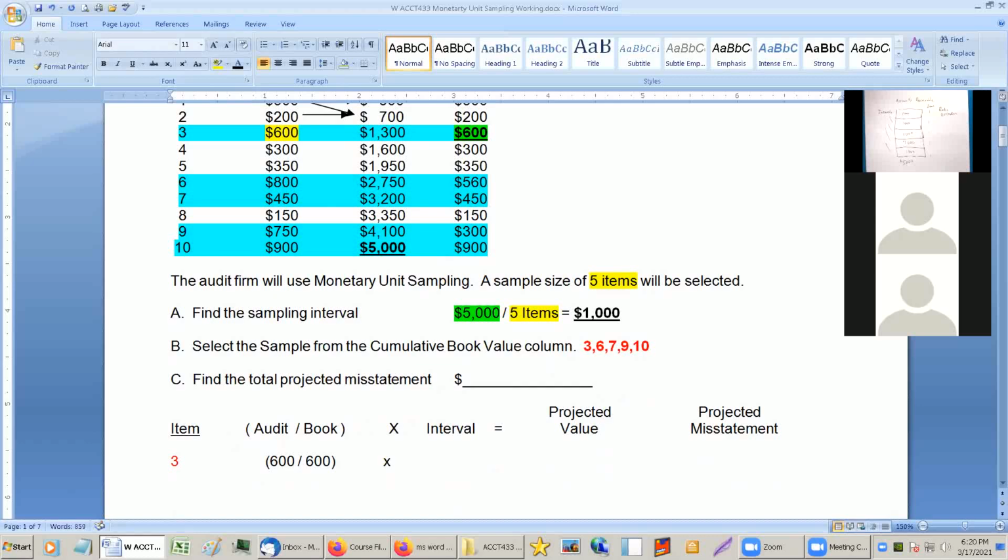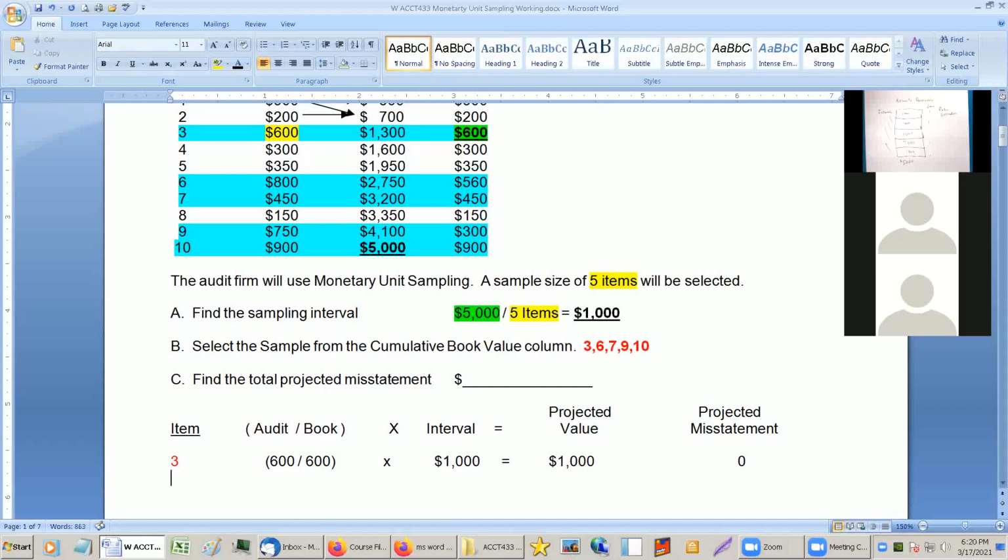So the interval was 1,000. Our projected value: 600 over 600 is just 1 times 1,000, so the projected value would be 1,000. Projected misstatement would be 0.